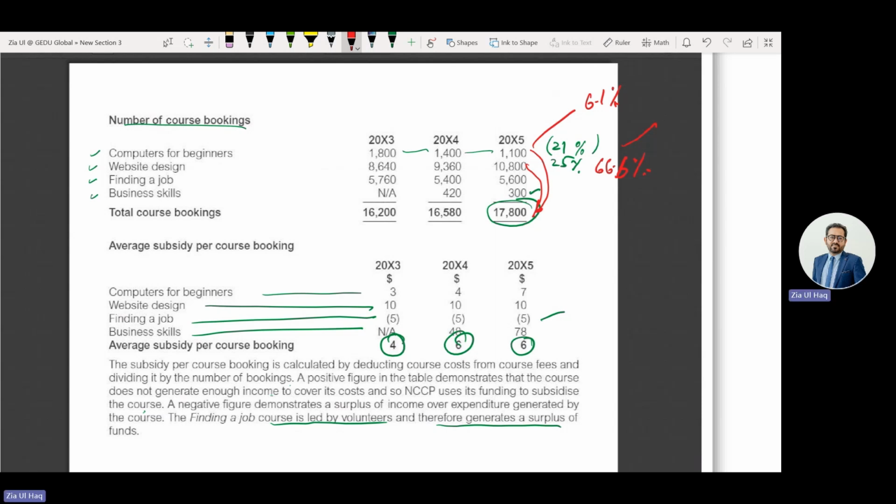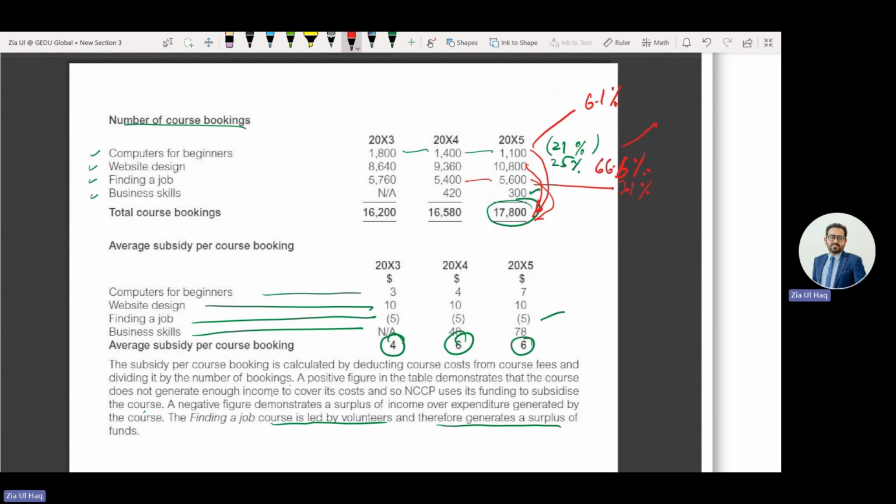And then the find a job course. It is almost the same as compared to previous years, meaning participants are maintained. And how much percentage is this against total courses? 5,600 against 17,800, 31% of total courses.